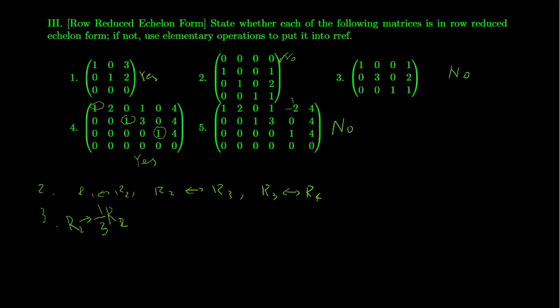Now, one additional question. How can we perform an operation to make that location 0? You want that location to be 0. Now my question, I'm going to restate my question. The question is, what operations we can perform to make the matrix RREF? That's question 5.